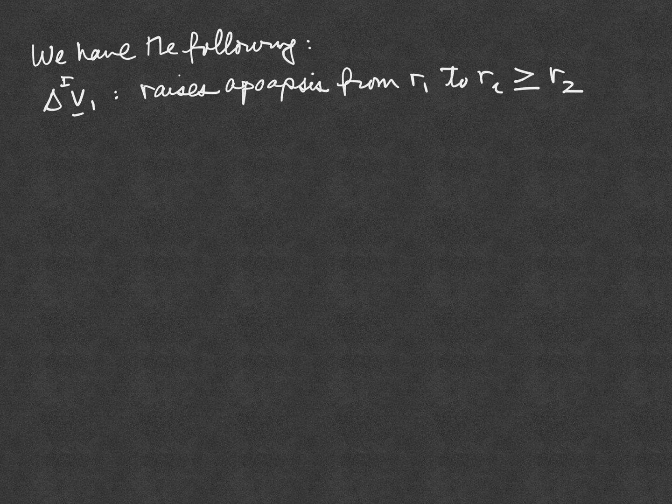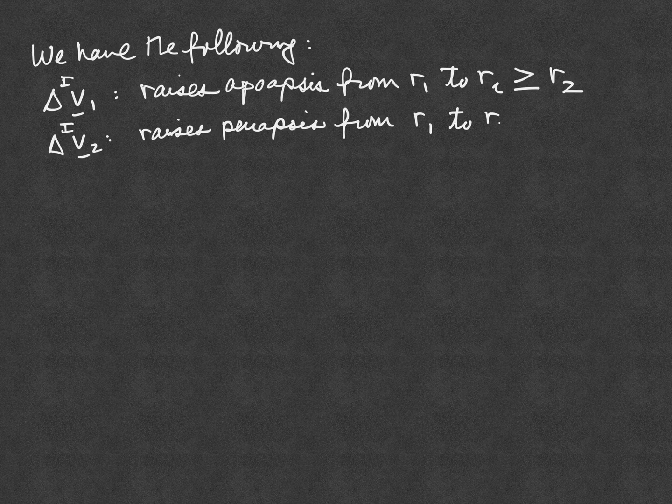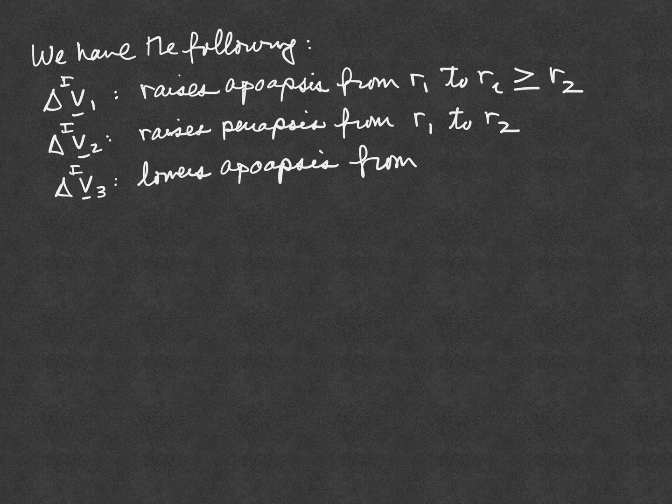The second is that delta V2I raises periapsis from R1 to R2. And finally, delta V3I lowers apoapsis from Ri to R2.